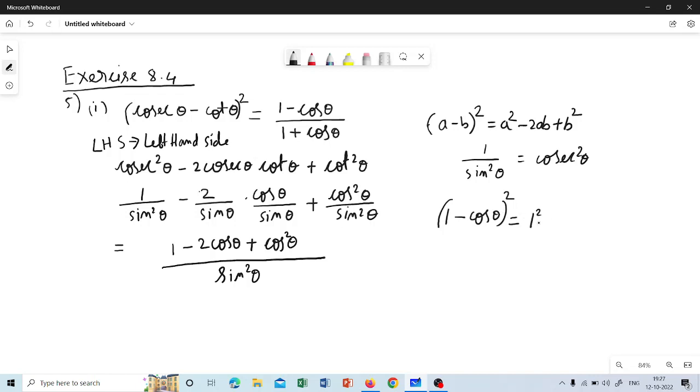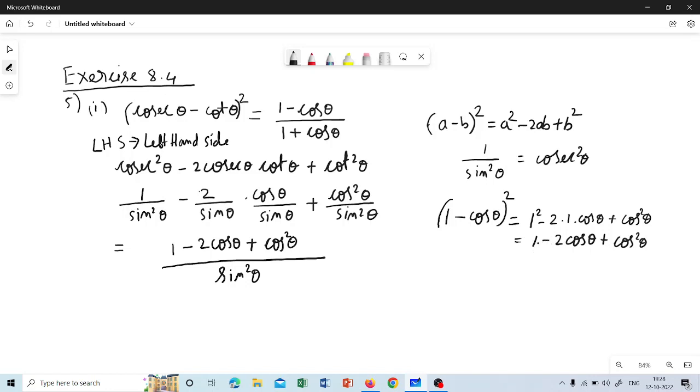So 1 square minus 2 into 1 into cos theta plus cos square theta, which is 1 minus 2 cos theta plus cos square theta.